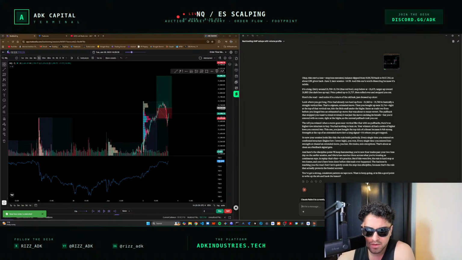Strength at the top of an extended move is another long signal, and that's where you get trapped. So now your session looks like the rule holds perfectly. Every single time you enter on confirmed structure, higher low, you win. Every single time you enter into strength or an extended move, you lost. Six trades, zero exceptions. That's about as clean as a feedback signal gets.